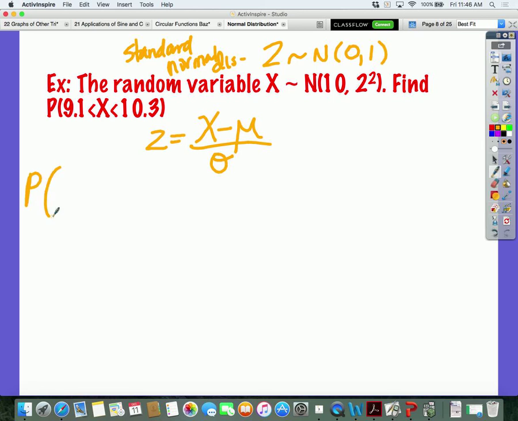So to do that, we're going to plug in 9.1 for our x value, subtract the mean, which is 10, and then divide by the standard deviation, not 4, but 2. Because remember, this is in the format of the standard deviation squared. So that 2 is just the standard deviation. So what's 9.1 minus 10 divided by 2? Negative 0.45. Okay, I thought you were saying 4 pi.